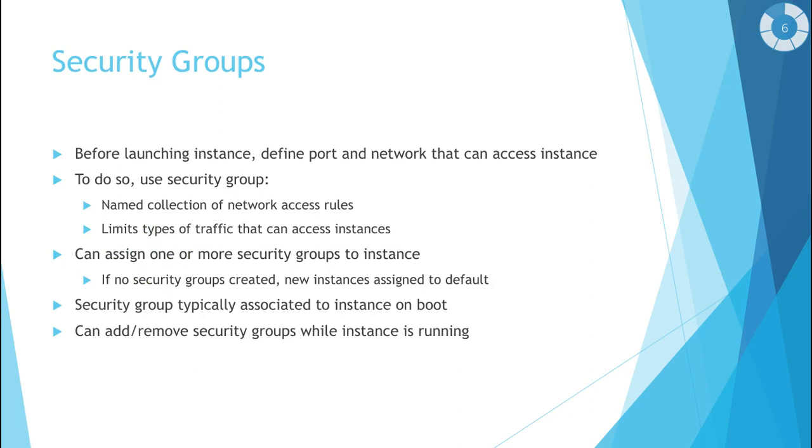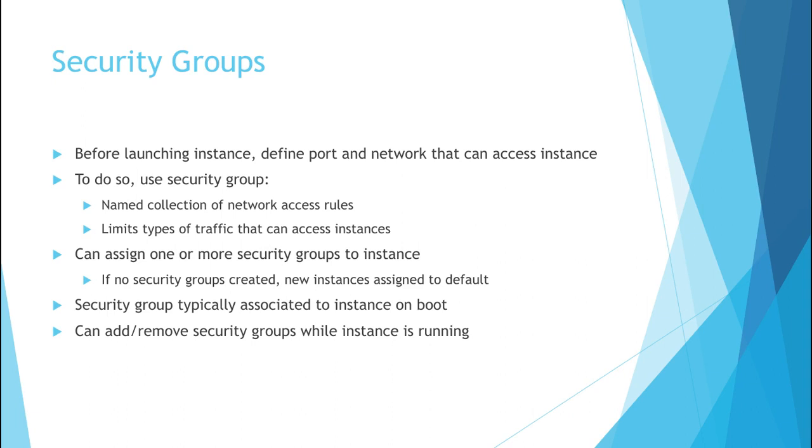Then the next point is security groups. Security groups are a combination of security rules. Before you launch any instance, you should define the ports and networks that can access that instance. For example, from which particular network range the instance will be accessible, and which ports of that instance will be accessible.